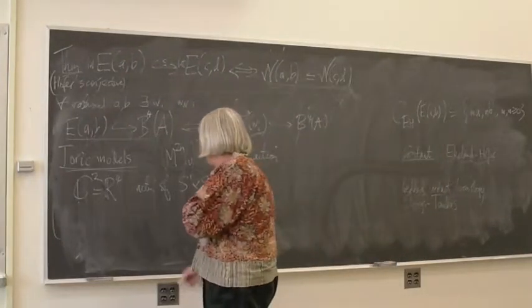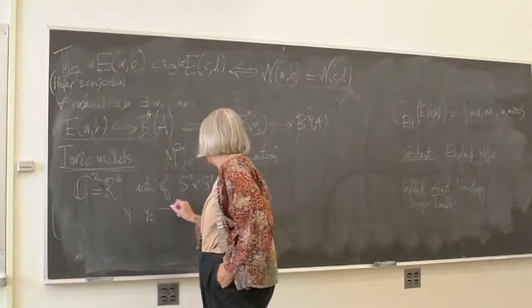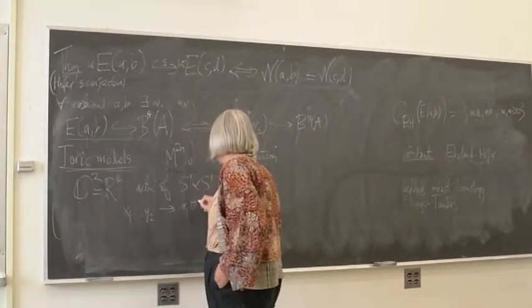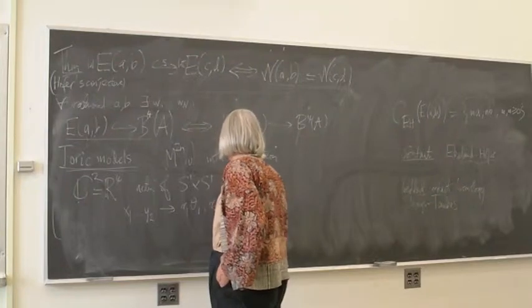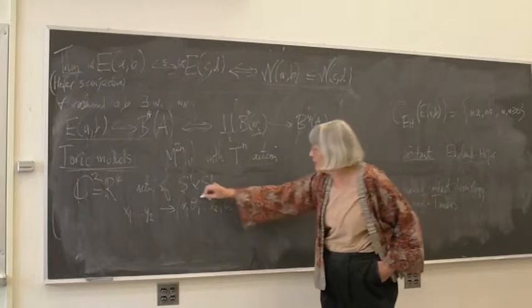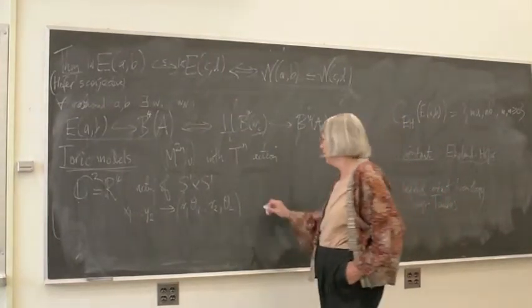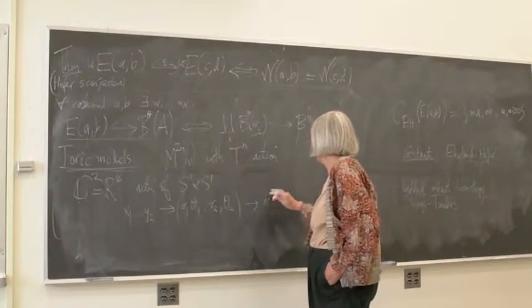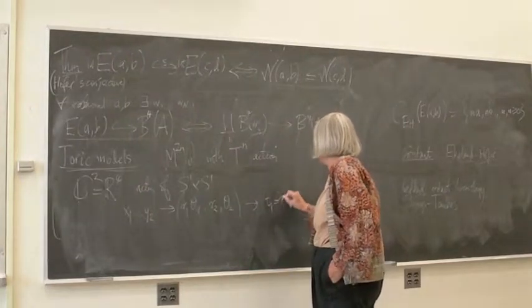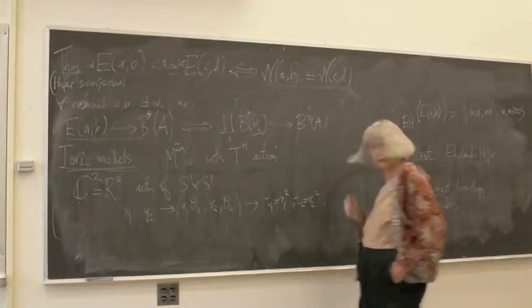Instead of using the coordinates x1 to y2, you can use the polar coordinates r1, theta1, r2, theta2. And then you can simply forget the angles, just quotient out by the torus action, and use the coordinates t1, which is r1 squared, and t2, which is r2 squared.